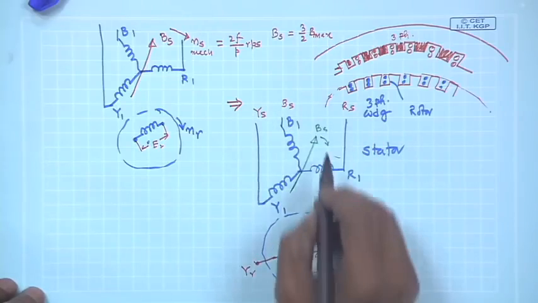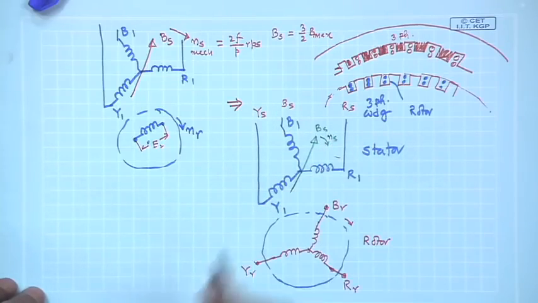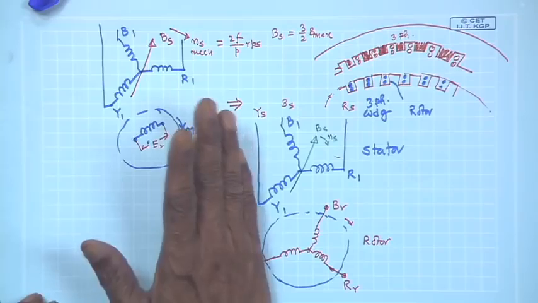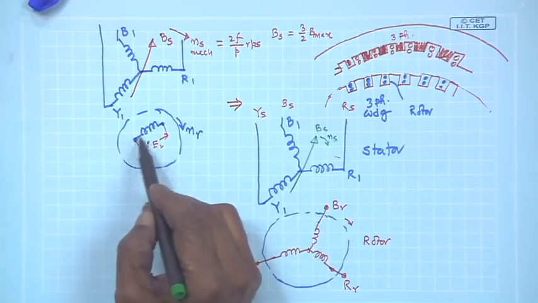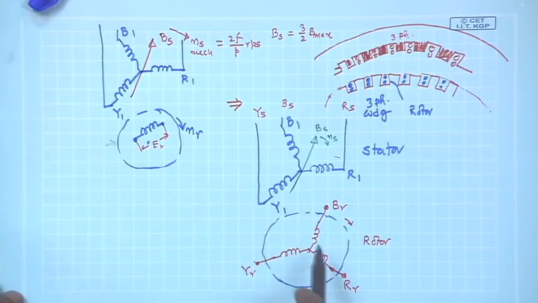It will move with a speed Ns, so that instead of a single coil as in the previous example, we have 3 coils which are separated by 120 degrees electrical apart.